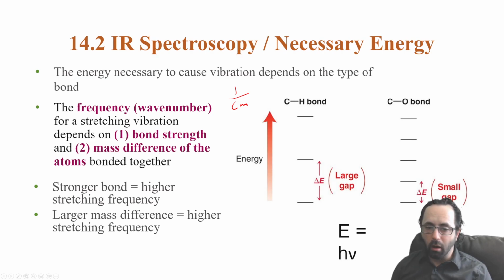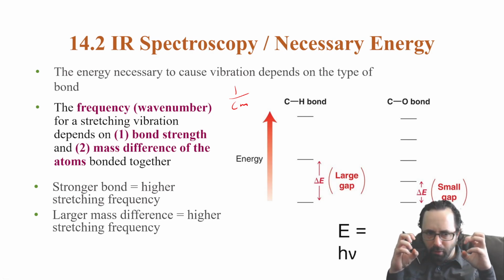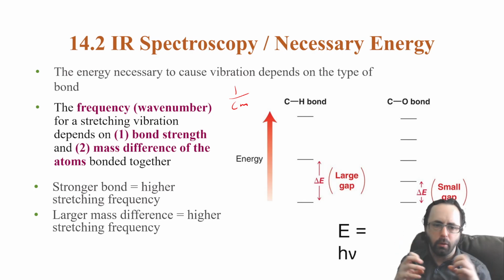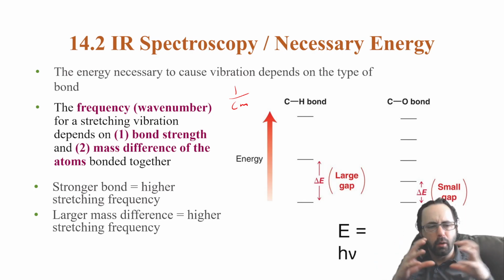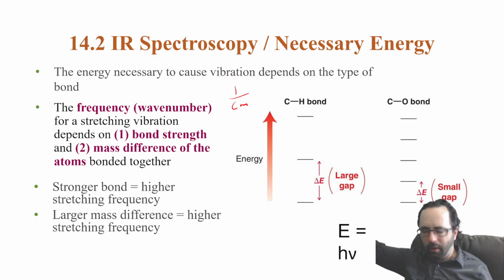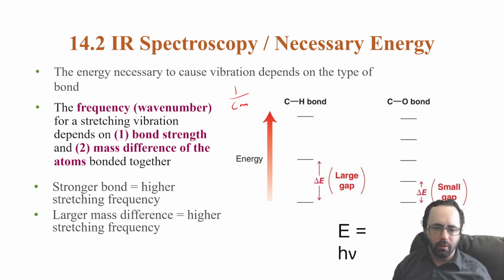So a stronger bond will have a higher stretching frequency. And that makes sense, right? Think of a stronger bond like a stronger spring. It will vibrate more quickly. If you have a very strong spring, you pull it, it will vibrate real fast. However, if you have a very weak slinky and you let that go up and down, it's going to vibrate at a much lower frequency.